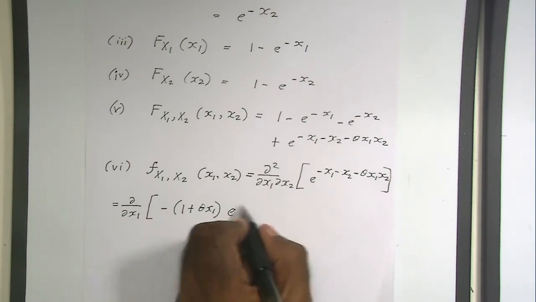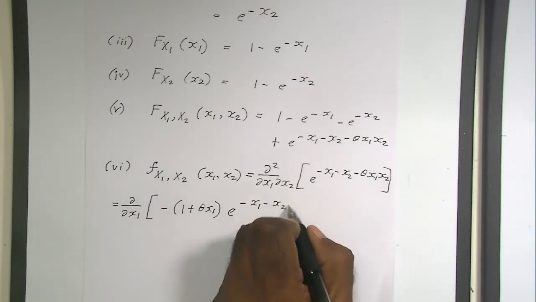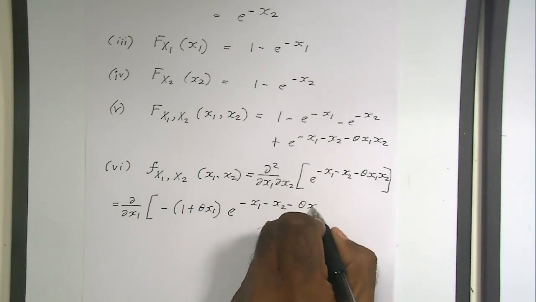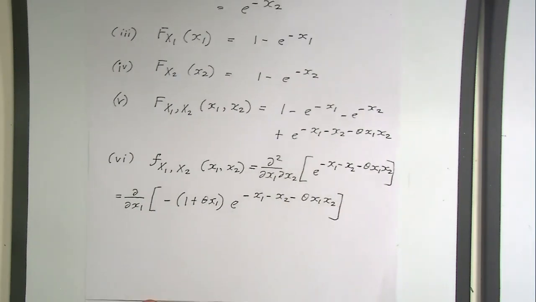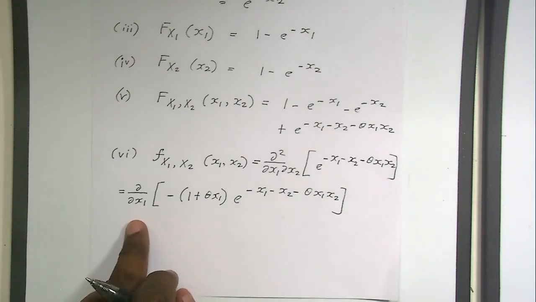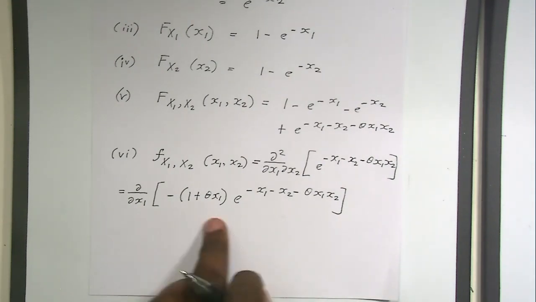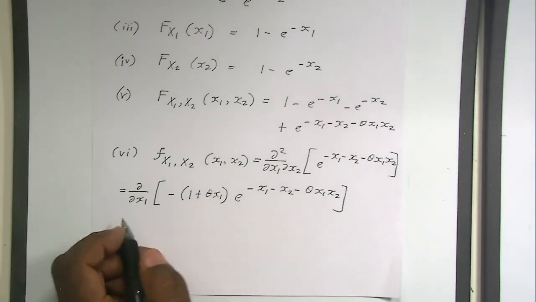Correct me if I'm wrong, I often make mistakes in my differentiation. Okay, this is what you get, right? Then you need to differentiate with respect to x1, right? So to differentiate with respect to x1, you need to use the product rule, right?